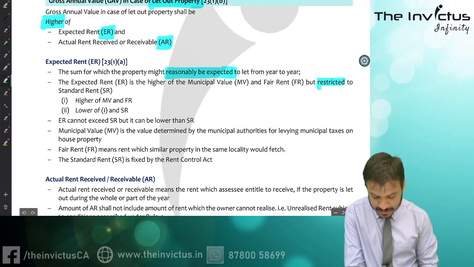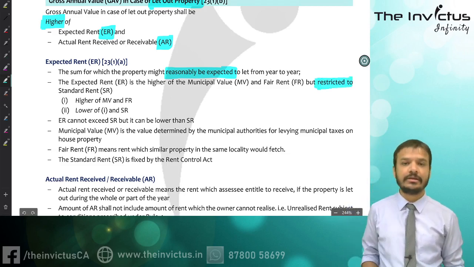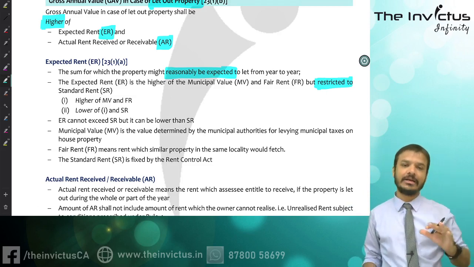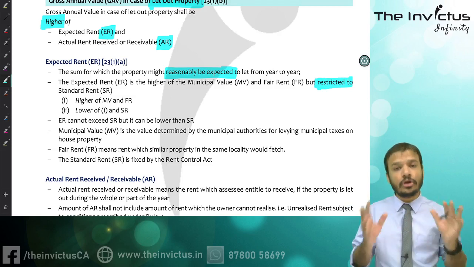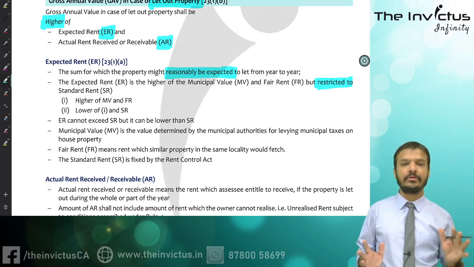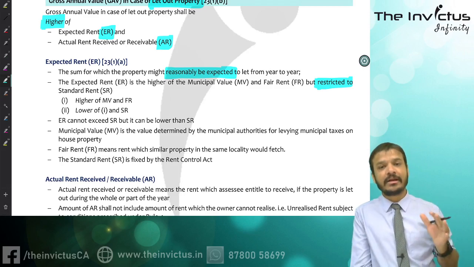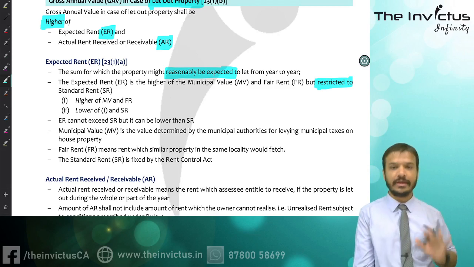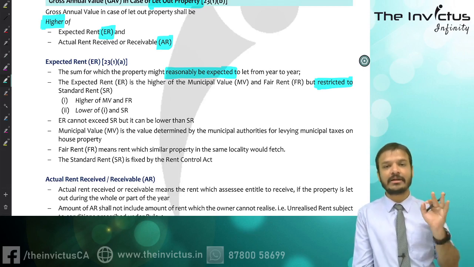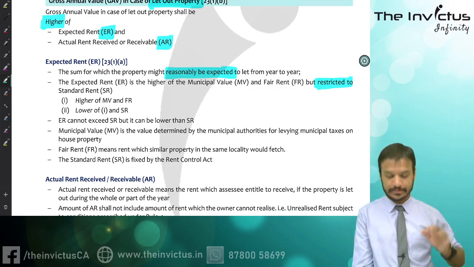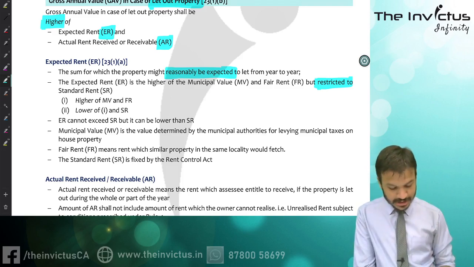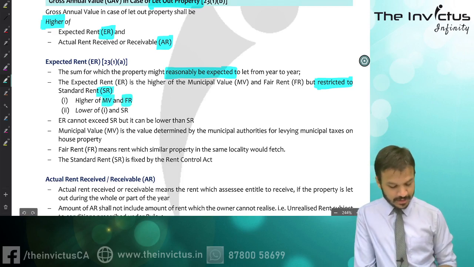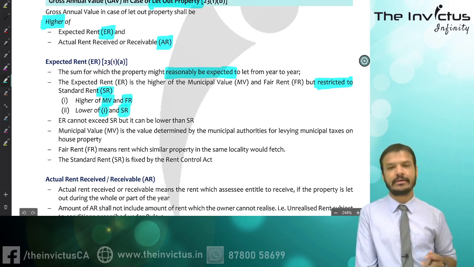The word used in the section is restricted, that's why we keep the lower of that higher of MV, FR and standard rent. Your expected rent cannot exceed standard rent, but it can be lower than that. In no case can your expected rent exceed standard rent, so restricted to SR. In short, higher of MV and FR, and lower of that one and SR.